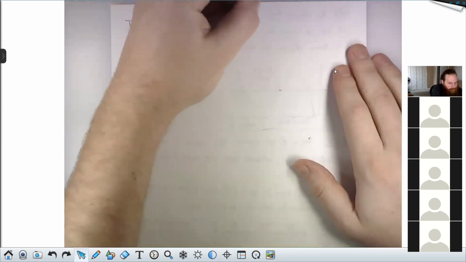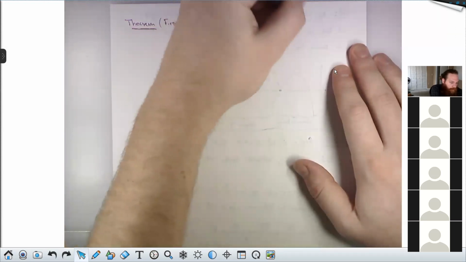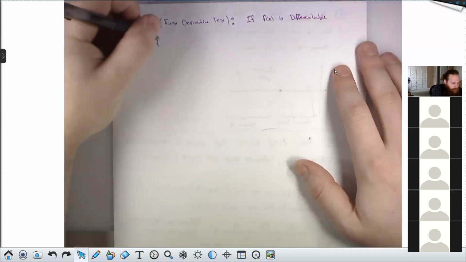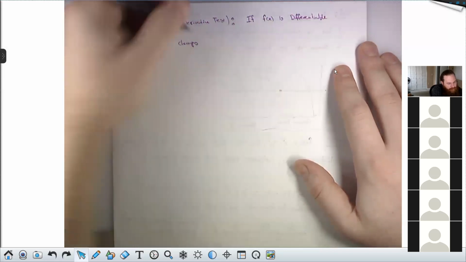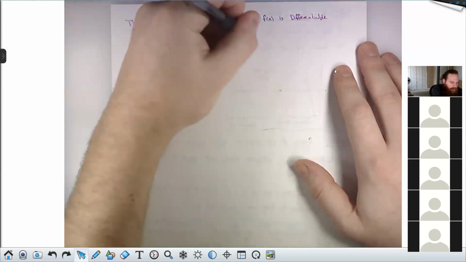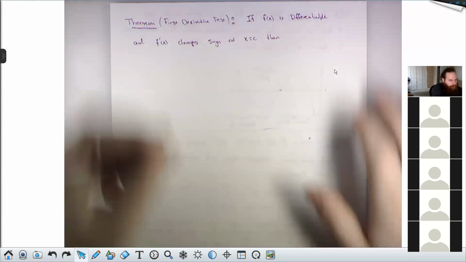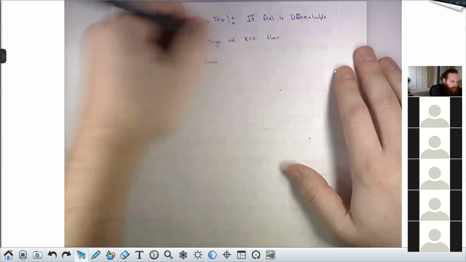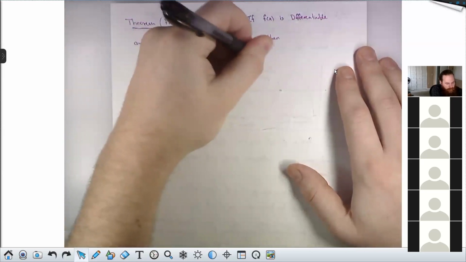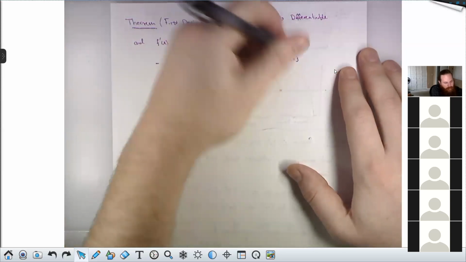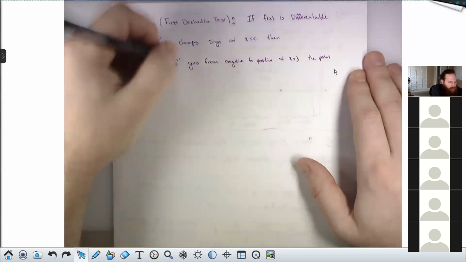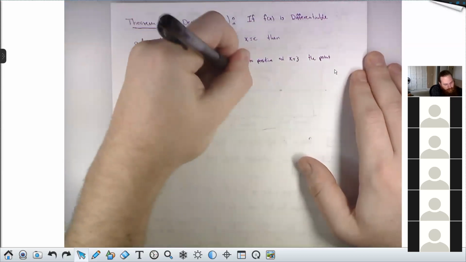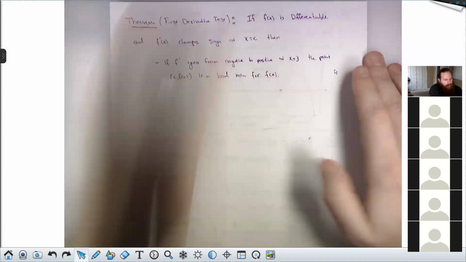It says if f of x is differentiable and f prime of x changes sign at x equals c, then if f prime goes from negative to positive at x equals c, the point c comma f of c is a local min for f of x. Why?